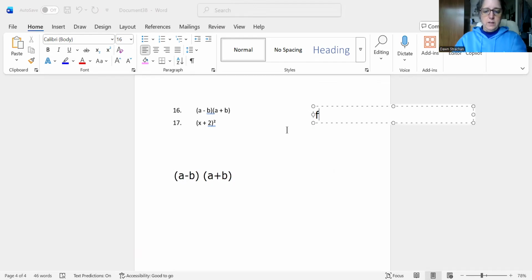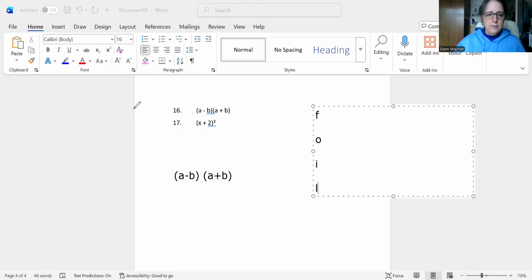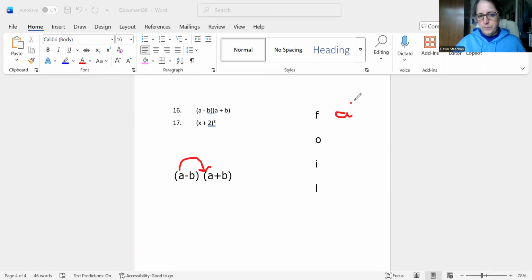So let's type it in, pop down our acronym so we know what we're doing. So we'll start with a times a, which just gives us a squared. And then we go to the outer. So a times b is AB. And then we'll go to inner.